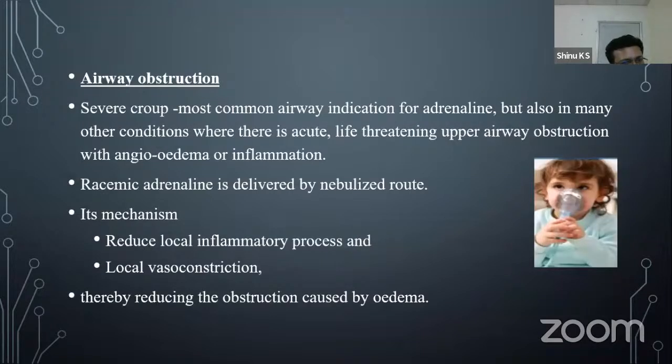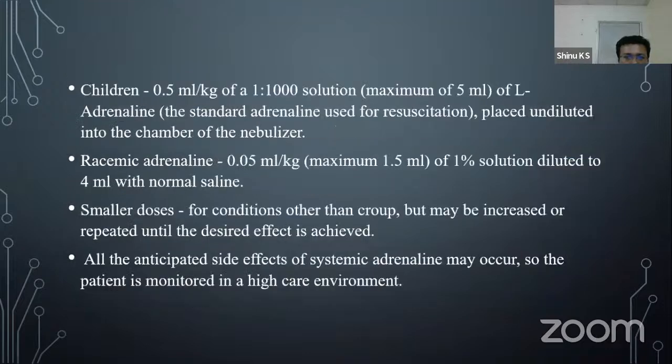For airway obstruction, for example severe croup, the most common airway indication for adrenaline, racemic adrenaline is usually nebulized. Its mechanism is that it reduces the local inflammatory process and produces vasoconstriction, thereby reducing the obstruction caused by edema. For children, 0.5 ml per kg of 1 in 1,000 solution of levoadrenaline, maximum 5 ml, is given as a nebulizer.